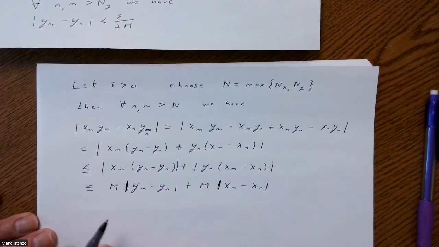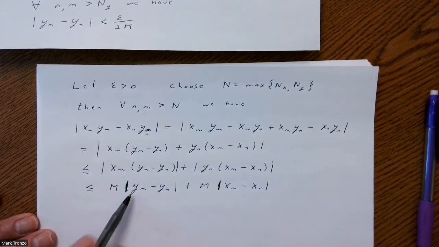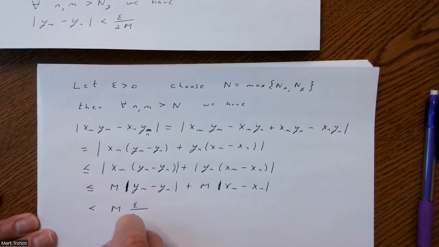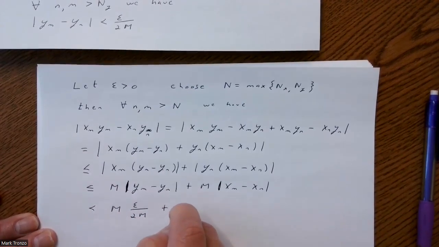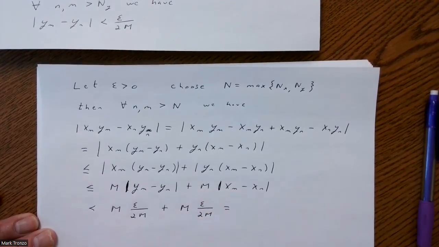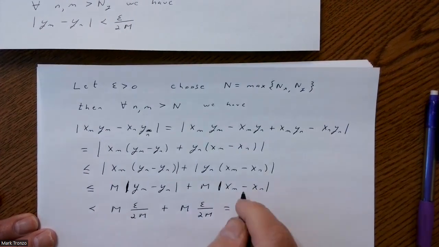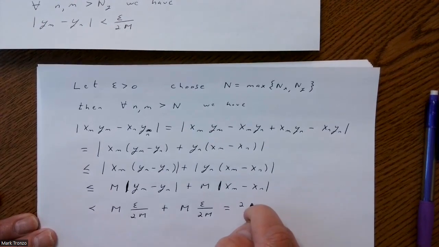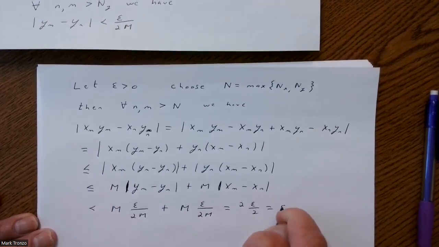And then we said that because these are Cauchy sequences, this over here is less than epsilon over 2M, times M. And I realized now once I made the comment about being 1, it really was not necessary. We don't need to have a 1 in there. So this is going to be 2. So the M's will cancel. So we have 2 epsilon over 2 equal epsilon.